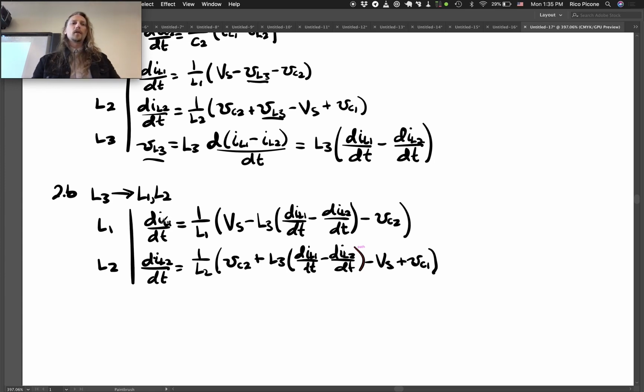However, solving them for the time derivatives of the state variables is a little bit problematic because we've got these time derivatives of the state variables on the right and left hand sides of these equations. If we just had the dIL1/dt on this side, we could simply add that one over, factor out dIL1/dt, and divide by what's left. But we've got a dIL2/dt in here as well.